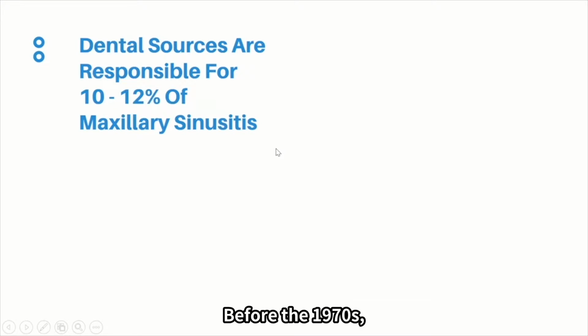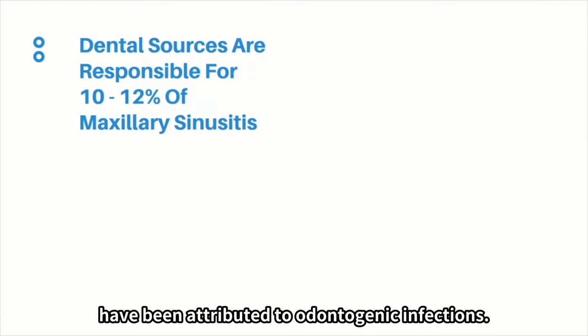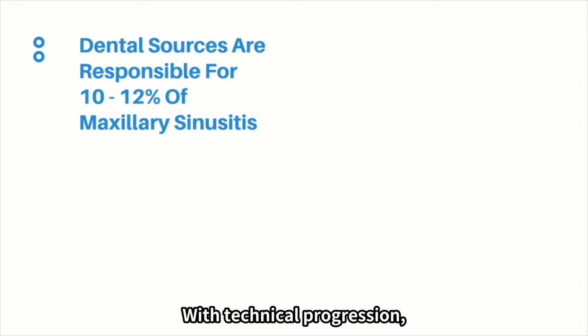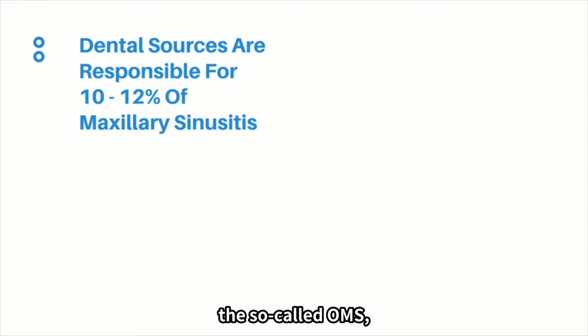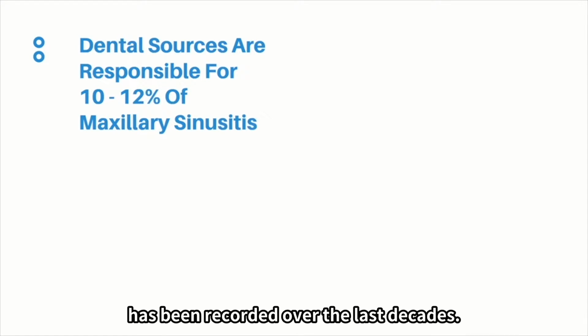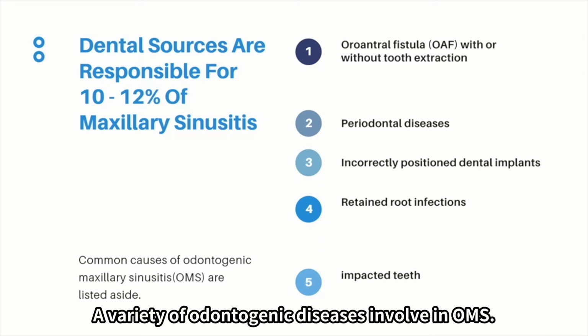Before the 1970s, approximately 10 to 12% of maxillary sinusitis cases were attributed to odontogenic infections. With technical progression, an increased incidence of odontogenic maxillary sinusitis, so-called OMS, has been recorded over the last decades. A variety of odontogenic diseases are involved in OMS.